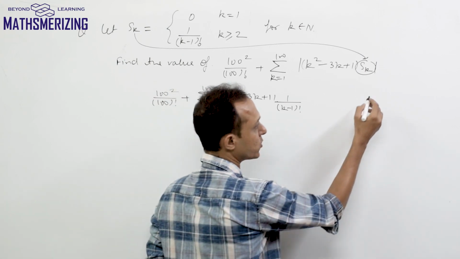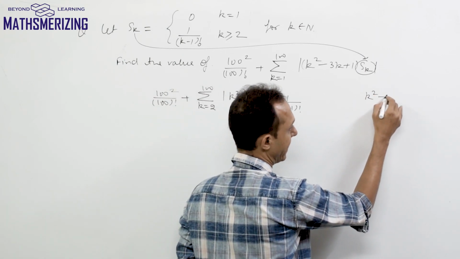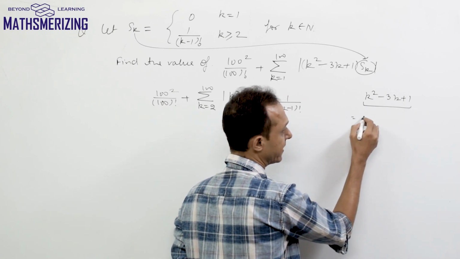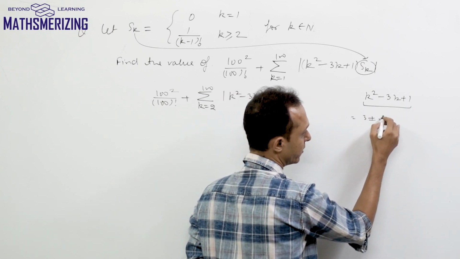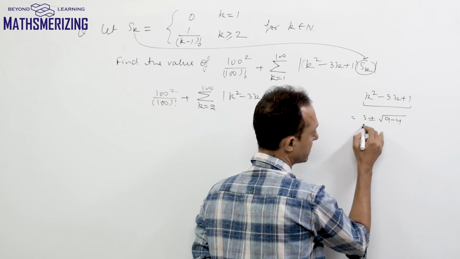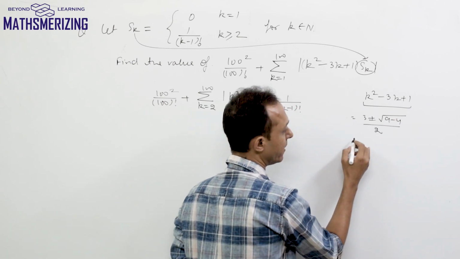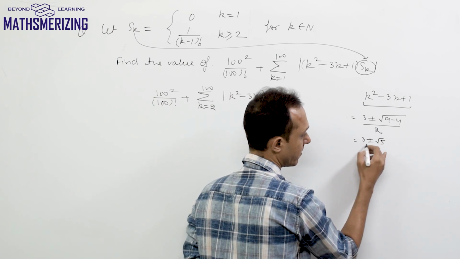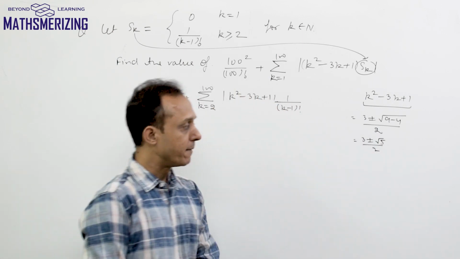Looking at k square minus 3k plus 1, if I find the roots of this expression, I'll write it as 3 plus minus under root 9 minus 4, divided by 2. So this is 3 plus minus under root 5 by 2.